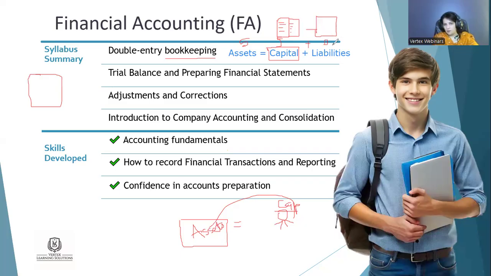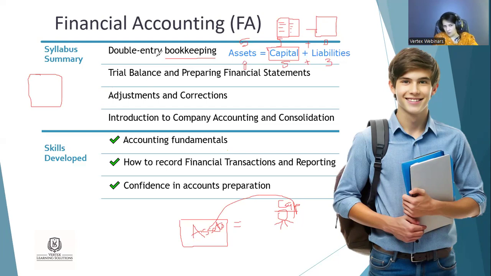So on the first day, we think about only 5 million. Then another day, you borrow 3 million from a business. So this is 3 plus 5, and this is 8. This is what accounting principles teach you, and this is the way you are going to record.